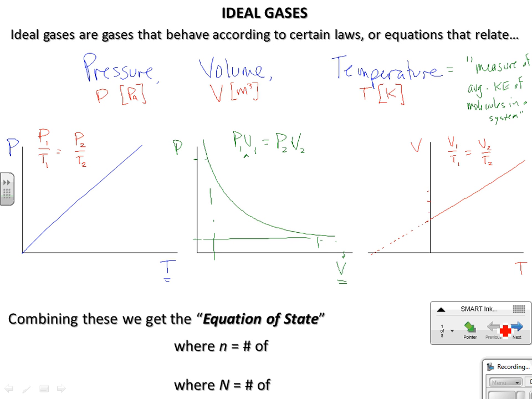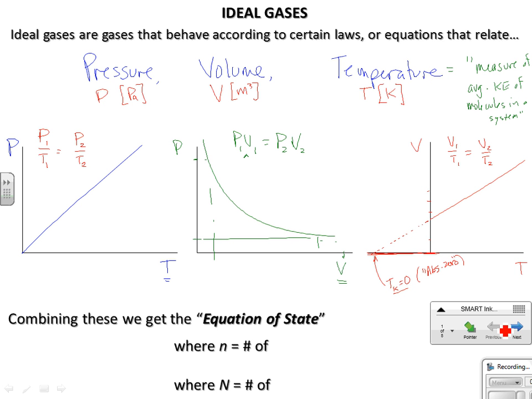Here's 0 volume. So at this temperature right here, T in kelvins equals 0. Absolute 0. That's defined to be a temperature at which a gas occupies 0 volume.